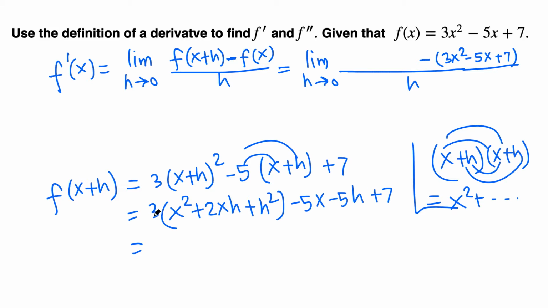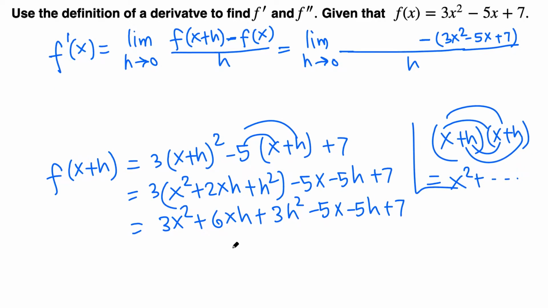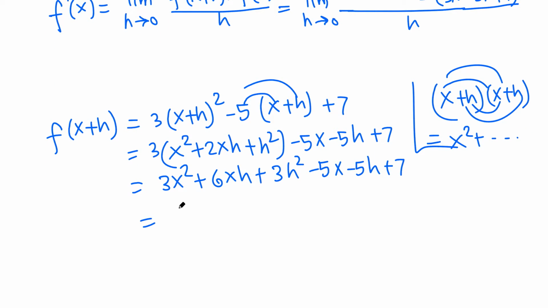Now we need to distribute 3, so this is 3x squared plus 6xh plus 3h squared minus 5x minus 5h plus 7. Now we can combine like terms.